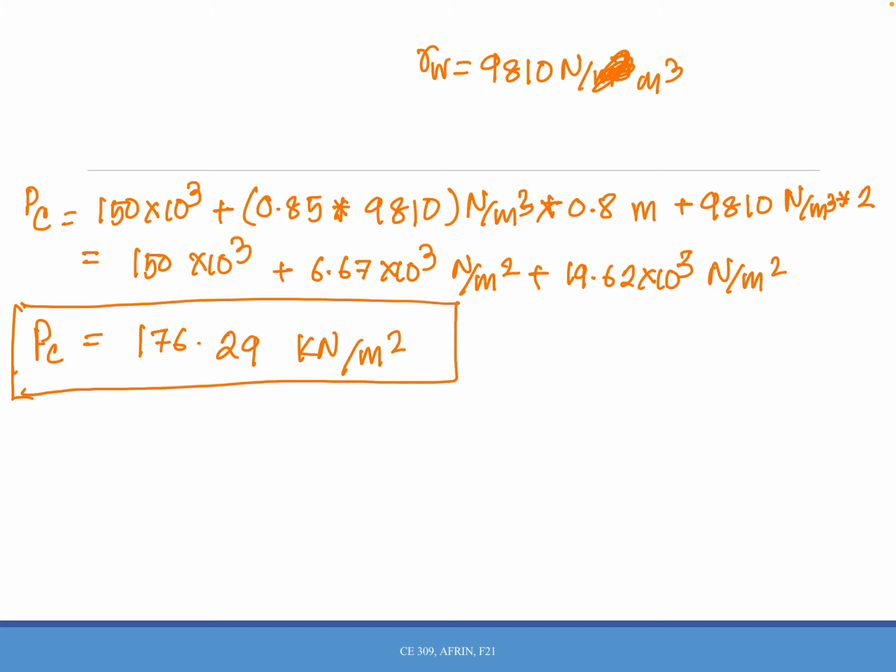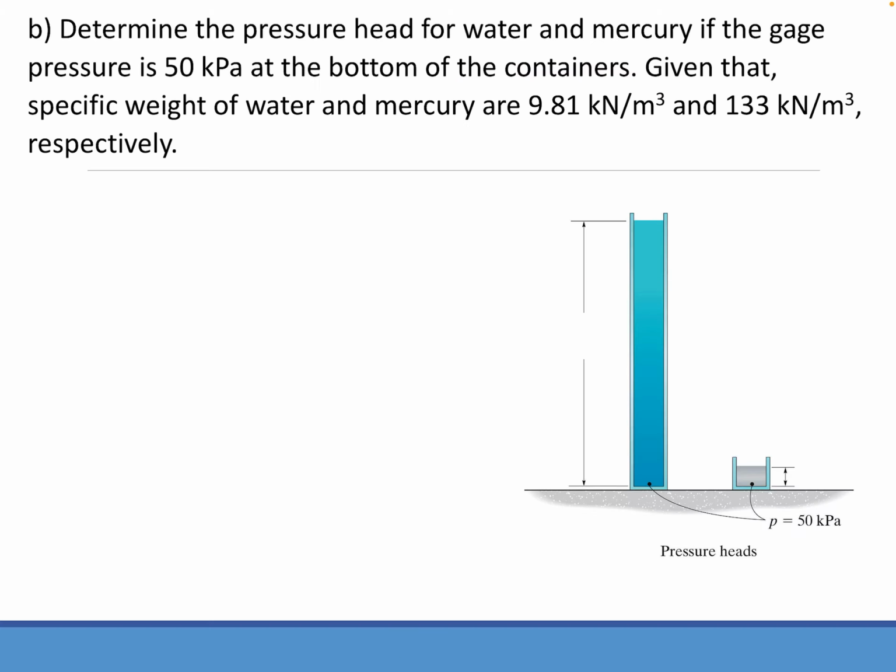Okay, now let's work with part B. They are asking you to determine the pressure head for water and mercury if the gauge pressure is 50 kilopascal at the bottom of the containers. So there are two containers here. This is the water and this is the mercury.